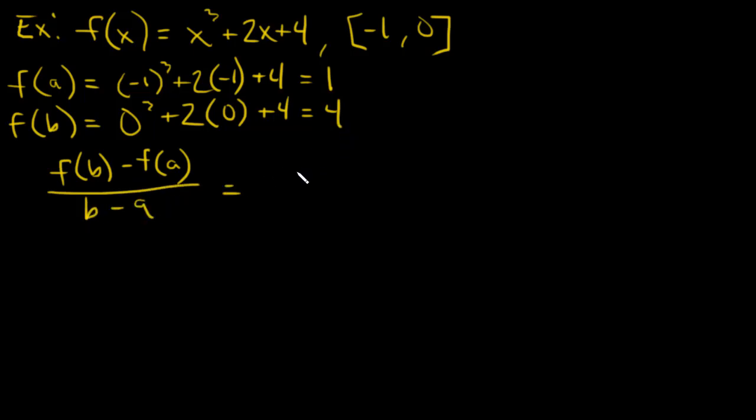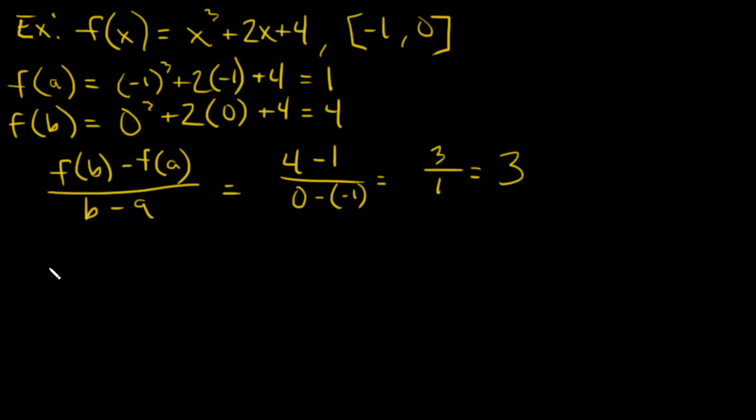Well, that's going to be 4 minus 1 over 0 minus negative 1, which is going to be 3 over 1, which is 3. Okay?